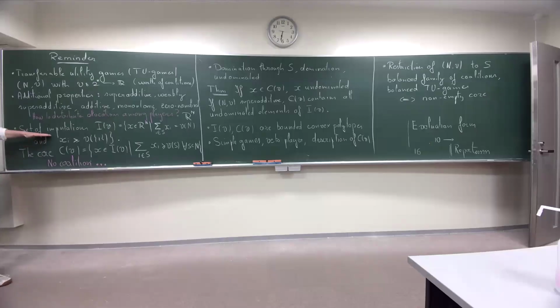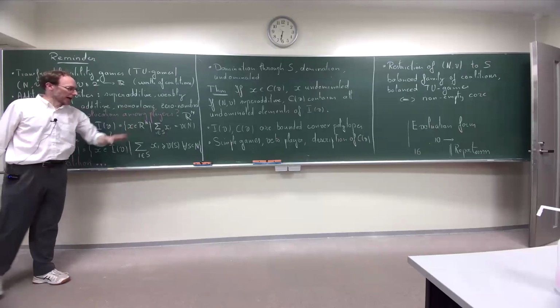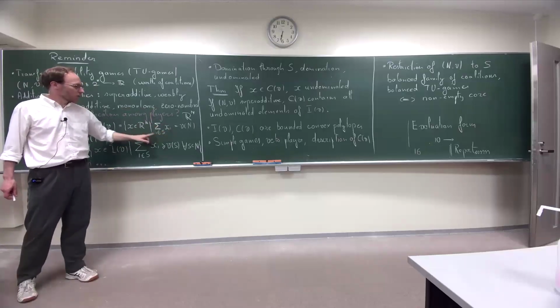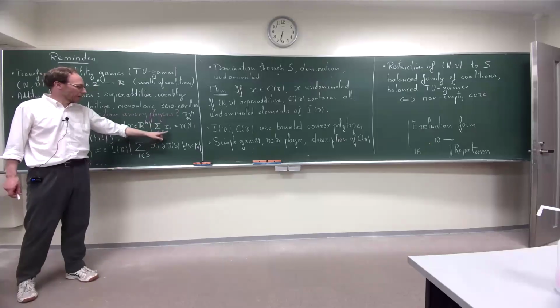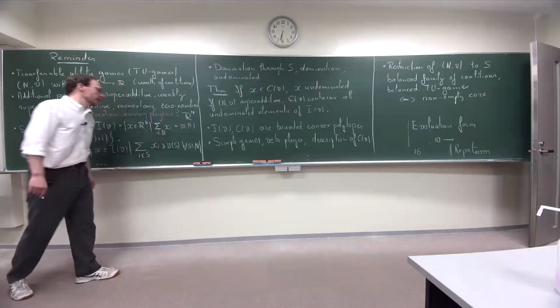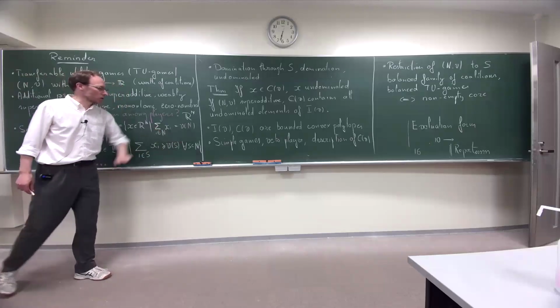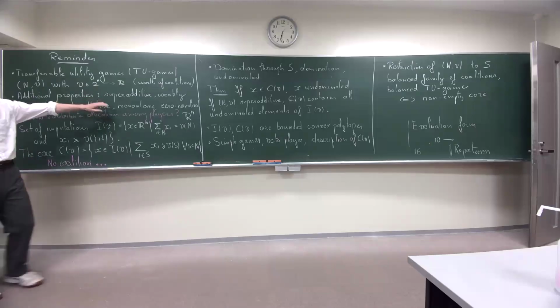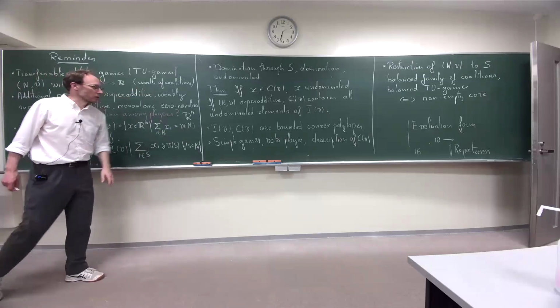So the first definition was the set of imputations. It's a set of points in R^n such that the sum of all utilities that the n players get is equal to the total allocation for this game, or the worth of the grand coalition.